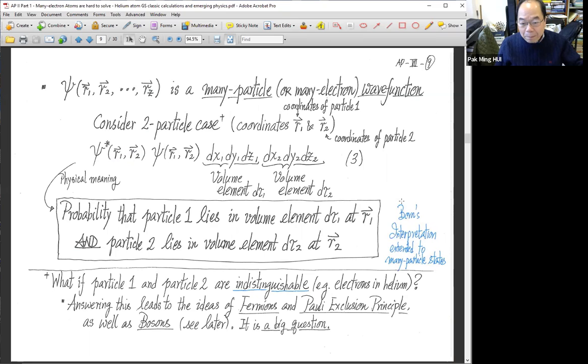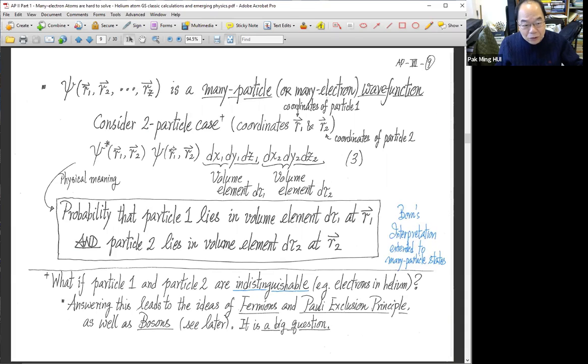Again, we are using Born's interpretation, but it is extended to many electron states or many electron wave functions. So what does it mean? We have this psi square, psi star psi, but now we have 2 electrons.